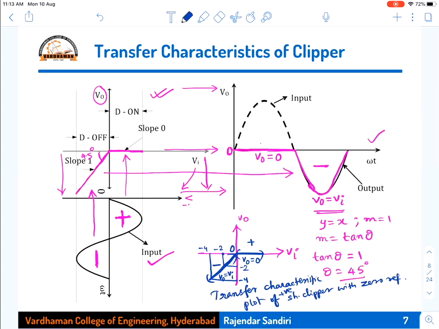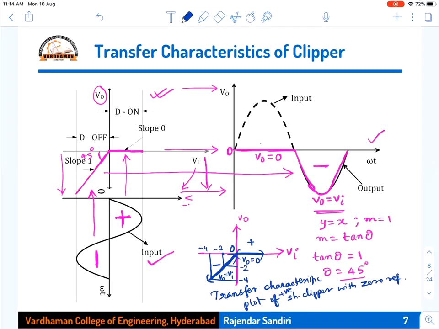Only then is it possible for an incremental change in the x-intercept to have the same incremental change in the y-intercept. For Vi 0, V naught is 0. For Vi minus 1, V naught is minus 1. For Vi minus 2, V naught is minus 2. That is the meaning of V naught equal to Vi.